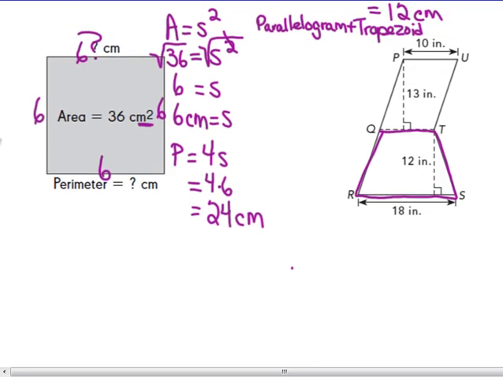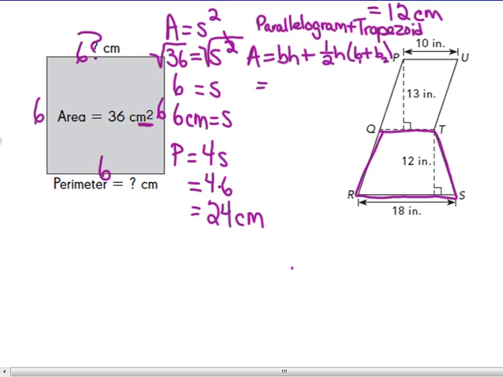So parallelogram, area equals base times height, plus the trapezoid. Parallelogram plus the trapezoid. Area equals base times height plus trapezoid's formula, 1/2 the height times the sum of the bases.